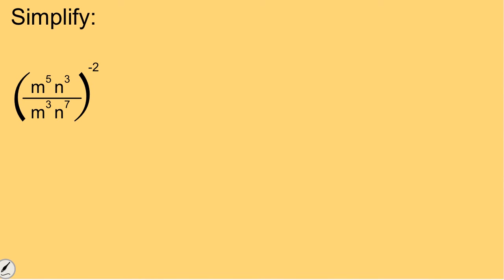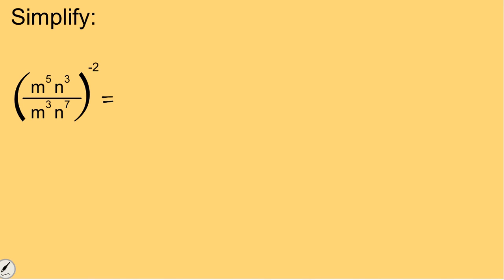Next example has a negative exponent, so things get a little messy. In this problem, there's a couple different ways that we could approach it, and we could still end up with the same answer. So I'll show you one of those ways. I'm going to first simplify what's inside of this parenthesis, and then apply the exponent on the outside.